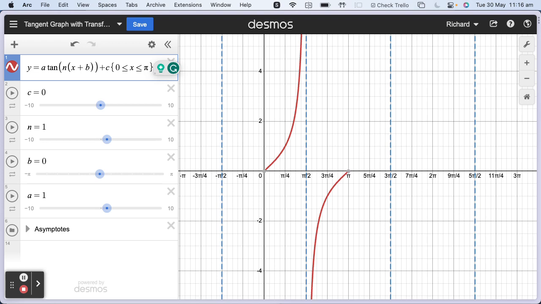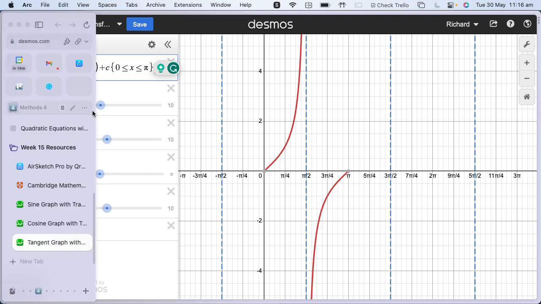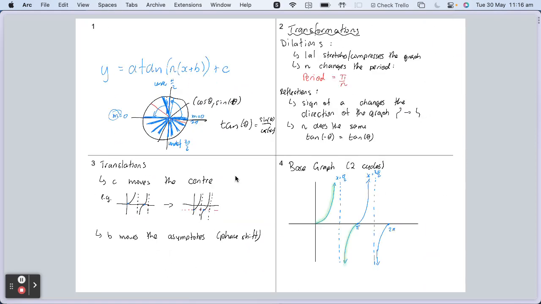Okay, so it's got half the period. So what does that mean? That means that when we're working out the period, we are going to go pi on n instead of 2 pi on n.